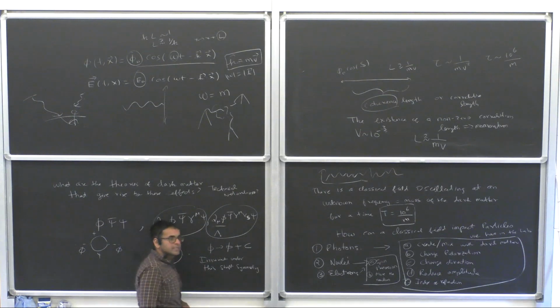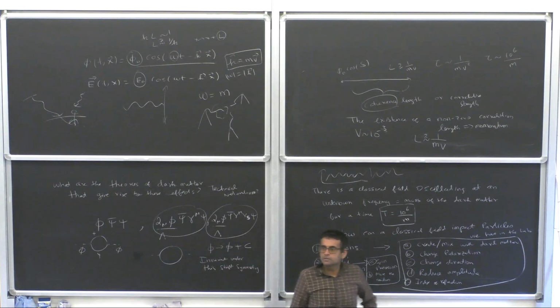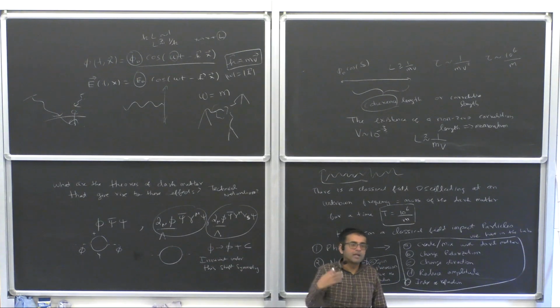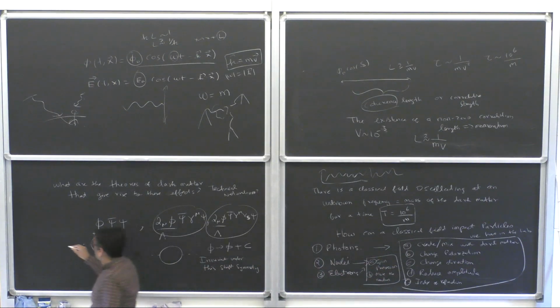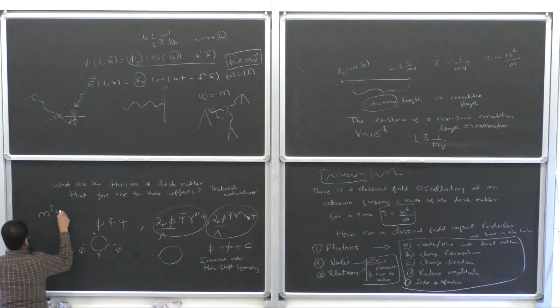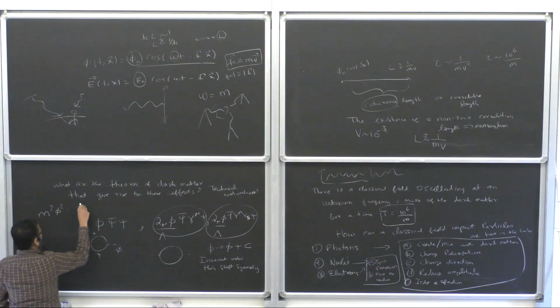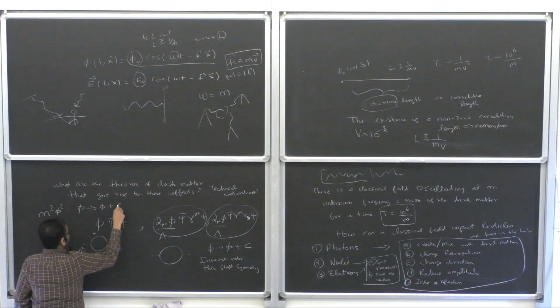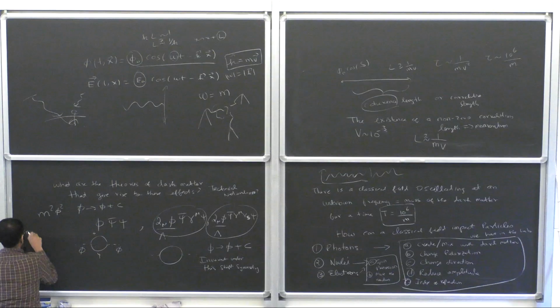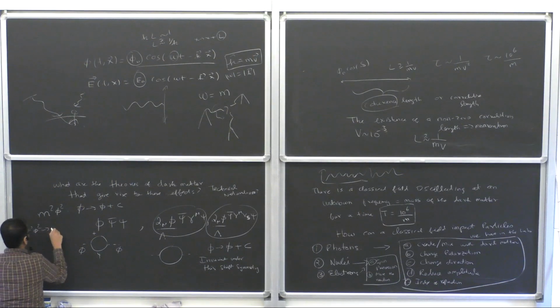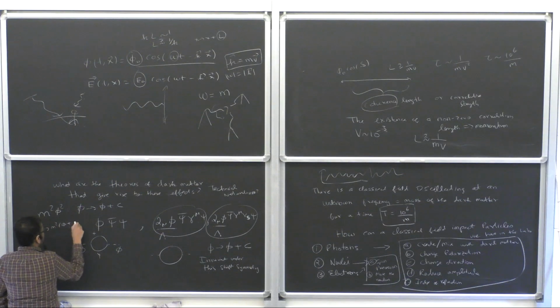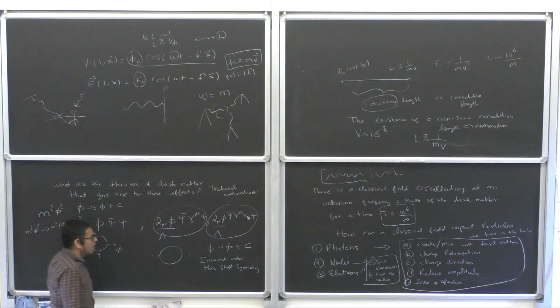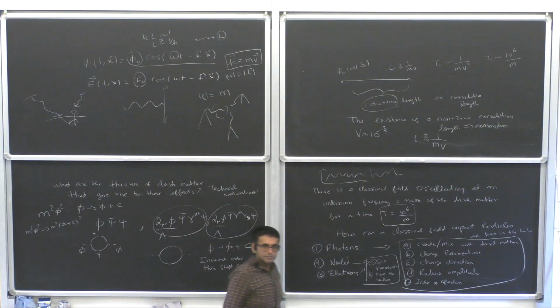And the whole point is, if the field had a mass, the mass would not be invariant under that shift symmetry. Because if I write down a mass, m squared phi squared, when phi goes to phi plus a constant, this term changes. m squared phi squared will go to m squared times phi plus constant, the whole squared, which obviously is not m squared phi squared, right?